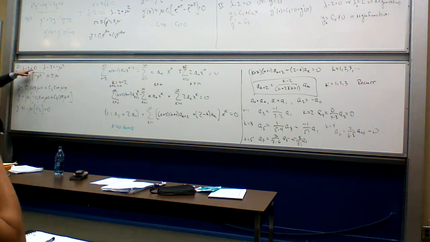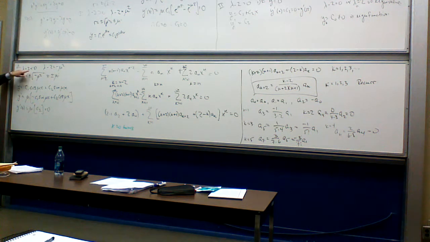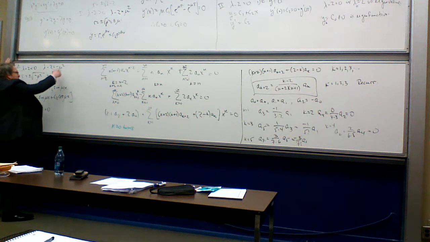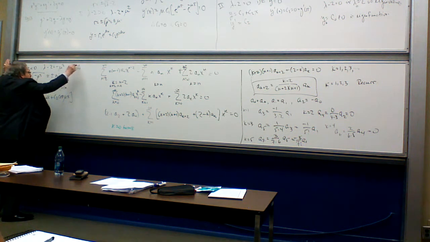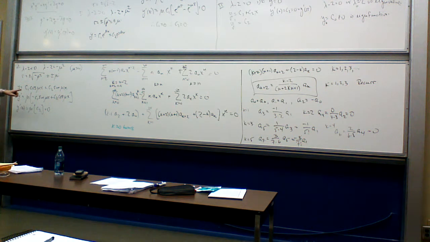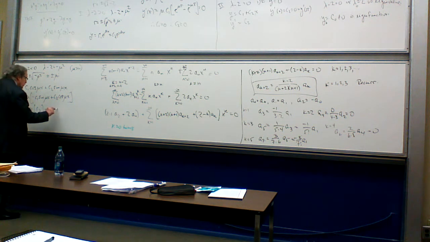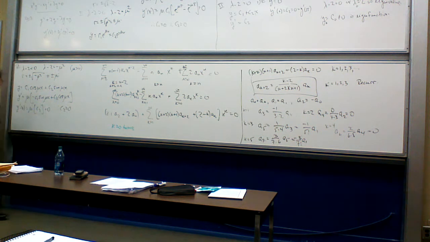Mu can't be 0. I'm dealing not with lambda minus 2 equals 0, but negative. So mu's not 0. I might as well assume it's positive, because the negative case is buried in there anyway. So C2 is 0.